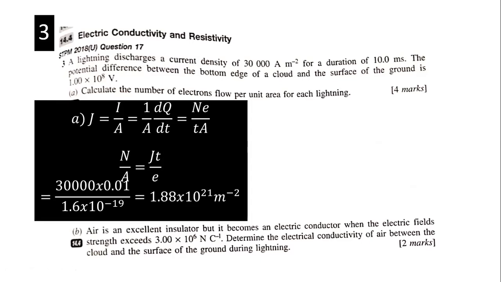Air is an excellent insulator, but it becomes an electric conductor when the electric field strength exceeds 3 × 10⁶ Newton per Coulomb. Determine the electrical conductivity of the air between the cloud and the surface of the ground during lightning. Okay, what formula to use?